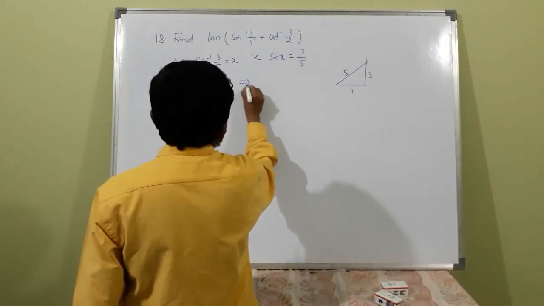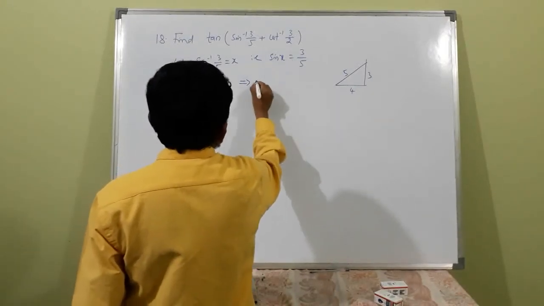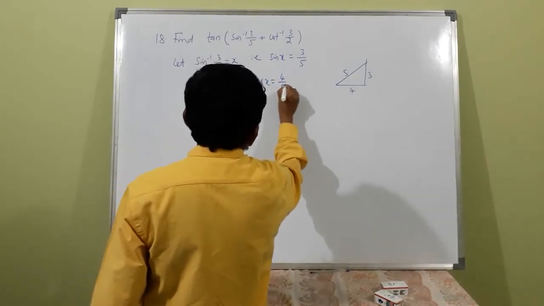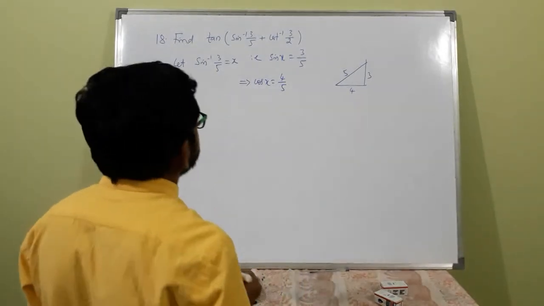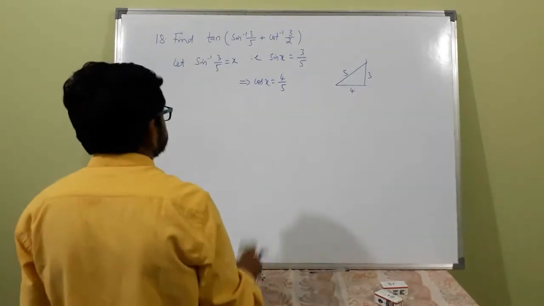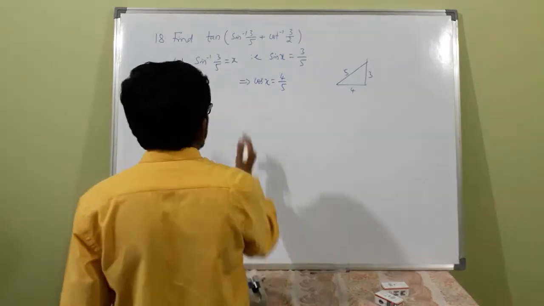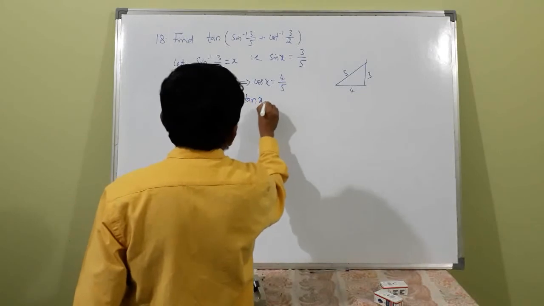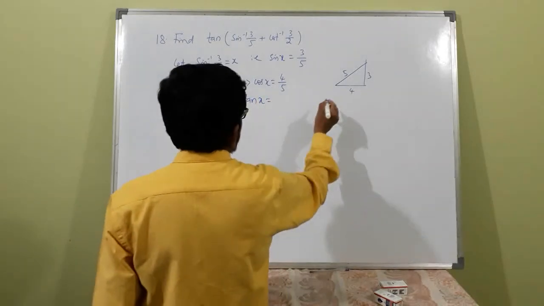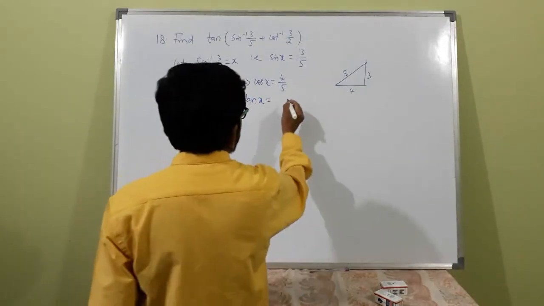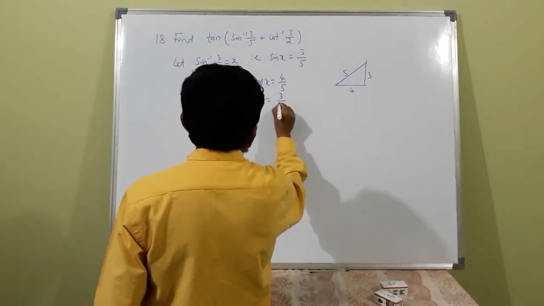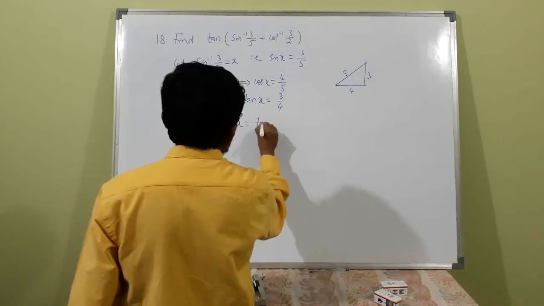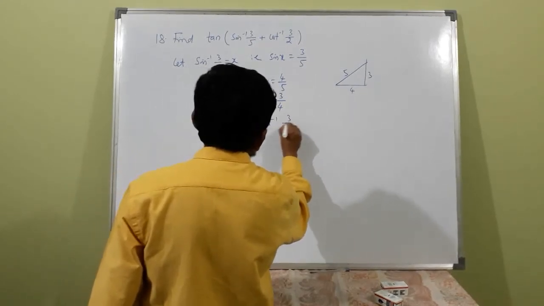That implies cos x is equal to 4 by 5. Cos x is not needed, isn't it? And tan x is opposite side by adjacent side. Therefore, x is equal to tan inverse of 3 by 4.